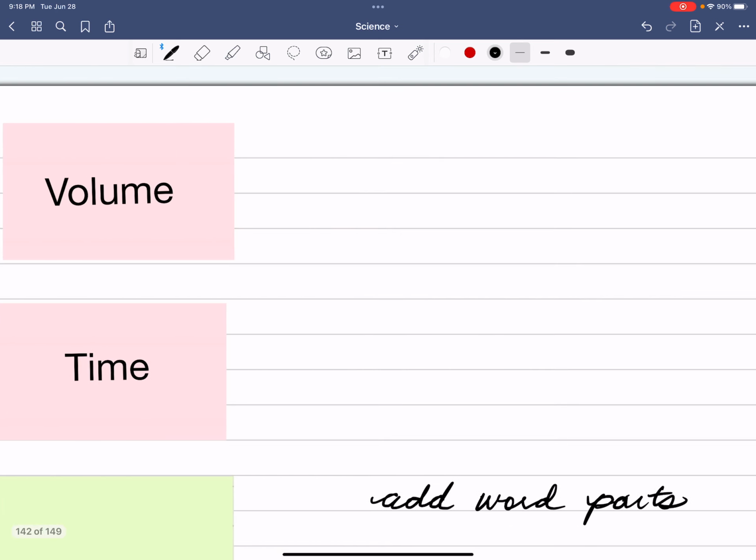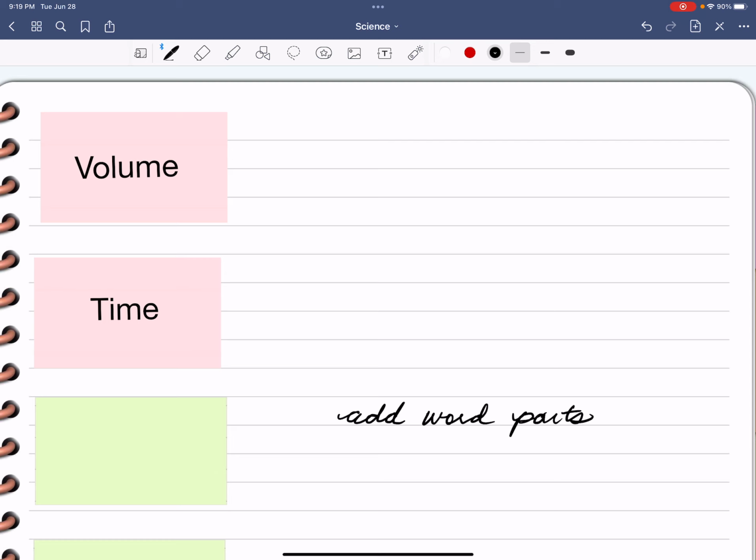Volume. Now I'm going to come back to density in just a second, but I need to tell you about volume first. You need to understand the concept of volume. Volume has two syllables. Vol, ume. So that final E is silent. When you have this pattern of a vowel, a consonant, and then an E, that E will very often, most often, be silent.